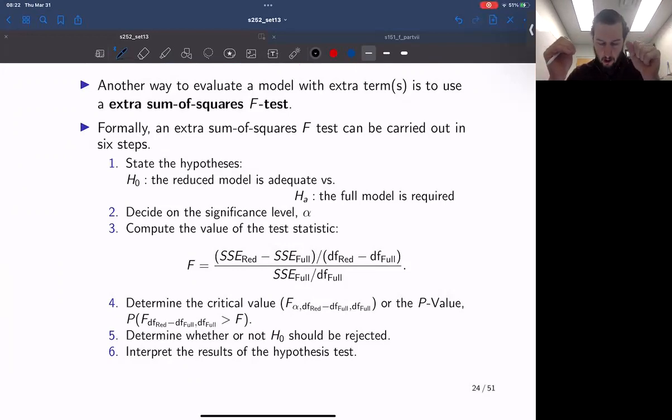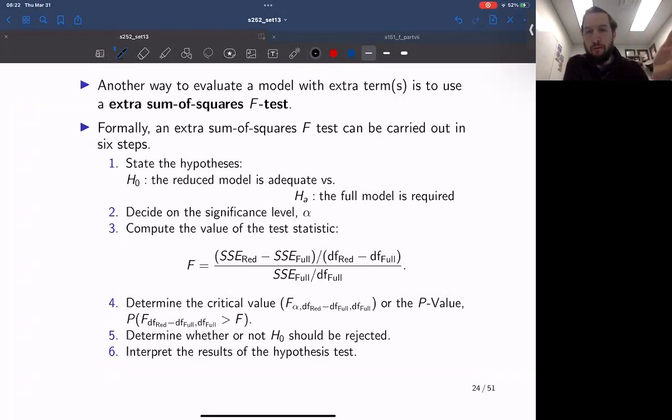Just like any other test, this can be carried out in 6 steps. The hypotheses are that the reduced model is adequate against the full model being required, then the significance level. On step 3, we have our F statistic, which is a ratio of the difference in the sum of square errors for each model divided by the sum of square error for the larger model.